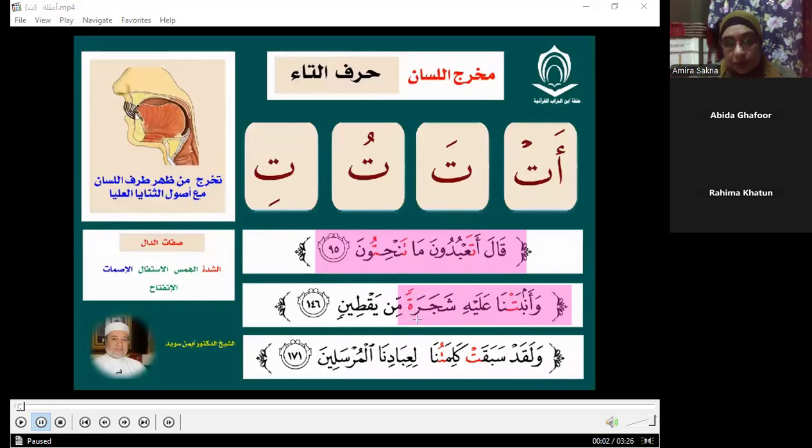This is one of the only exceptions with tanween fatha, because usually with tanween fatha, when we stop, we compensate it with mad awad, a compensation mad of 2 counts. But when the letter where we stop is ta marbuta, the ta marbuta is replaced by ha, and the tanween is replaced by sukun. Kindly repeat.